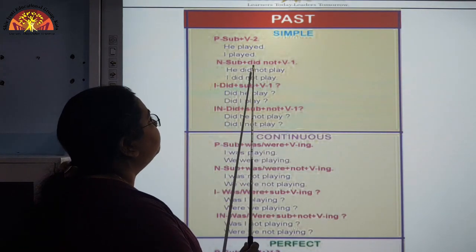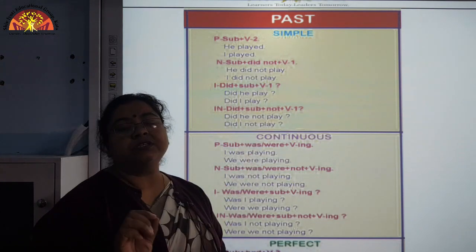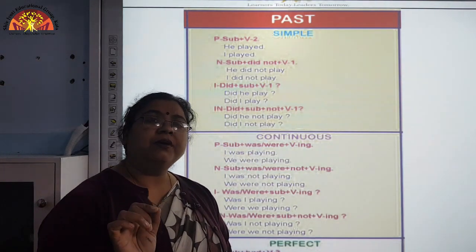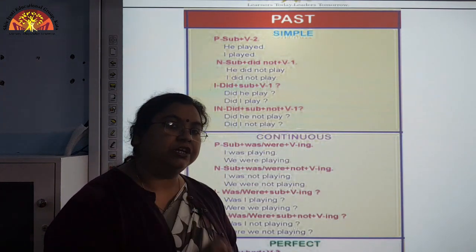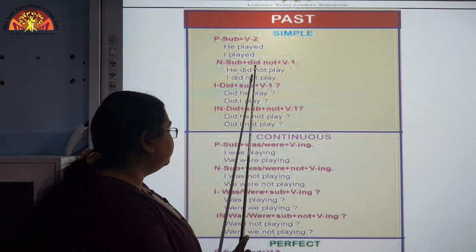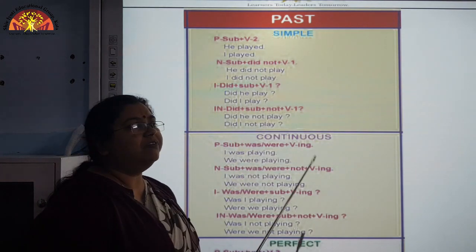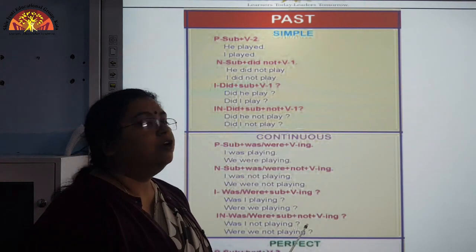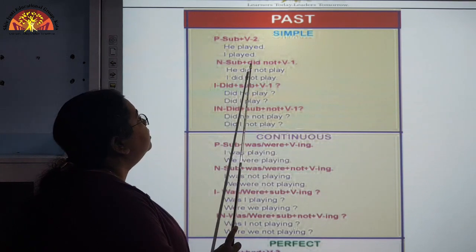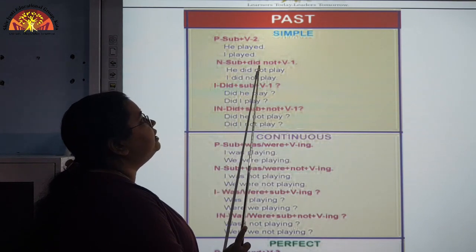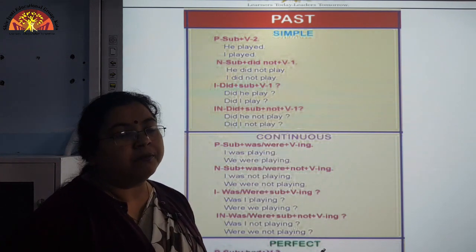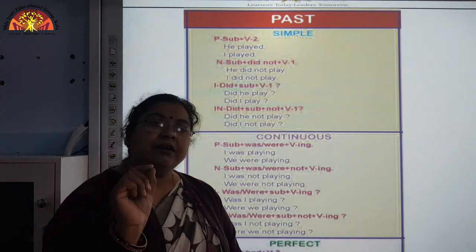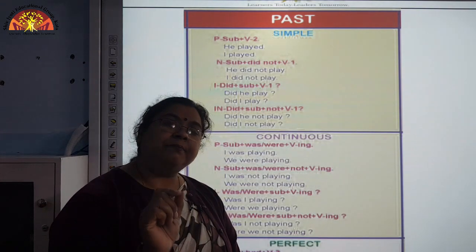So, subject plus, now here we will use a helping verb, that is the past tense of does or do, that is did. So, here we have introduced did and then we will use not. So, we will have subject plus did not plus verb first form, because the helping verb is in past tense.